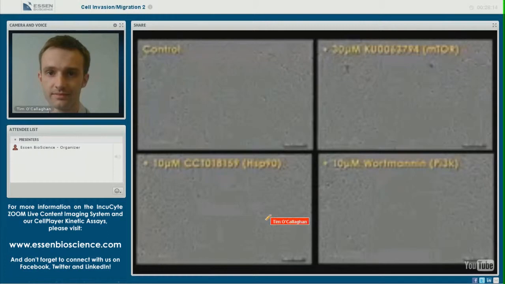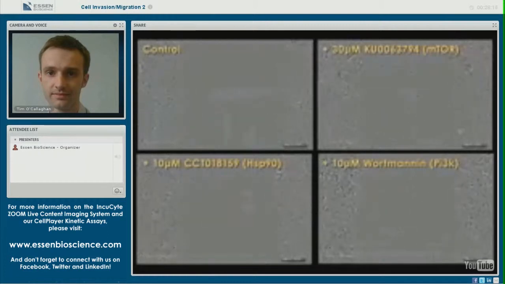And the cells really stop in their tracks as they're migrating to close the wound, and ultimately wound closure fails to occur. The wortmannin PI3 kinase inhibitor shows early phase inhibition, so the cells don't really move from the wound border regions over the early phases, but then recover and move into the wound area. And the mTOR inhibitor shows very marginal inhibition over the time course as compared to the control.